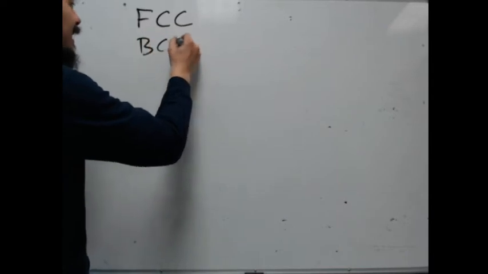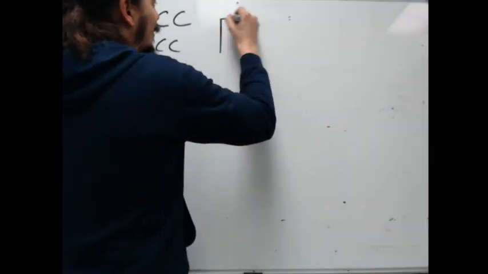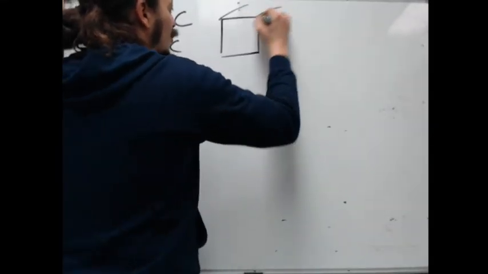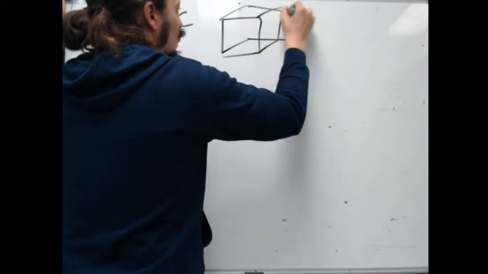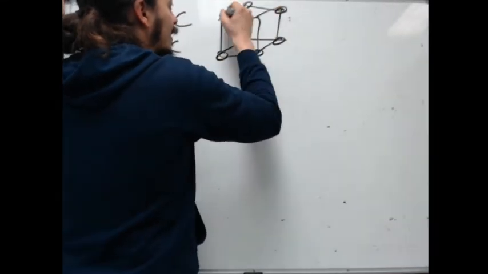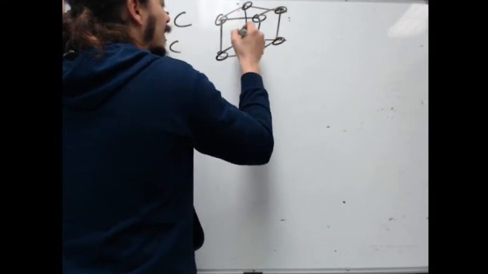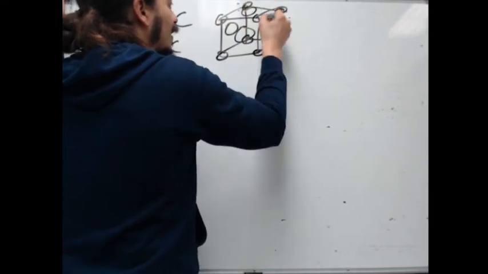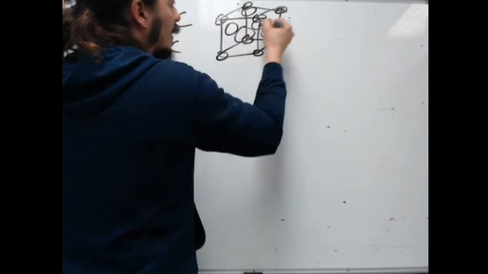FCC with BCC. I'm going to go ahead and try to draw this. So, I'm going to draw a cube. I'm going to make an FCC. Faces. One at the bottom.